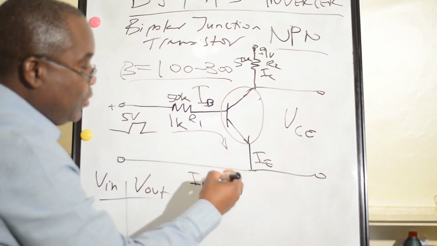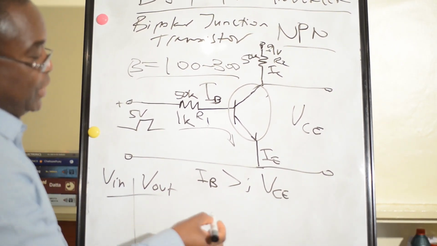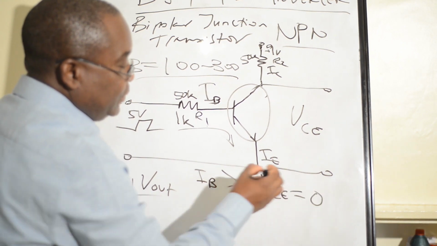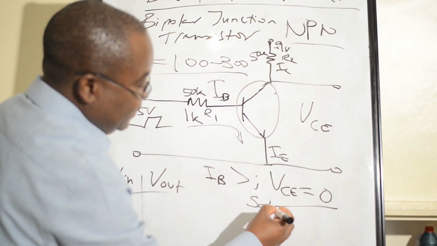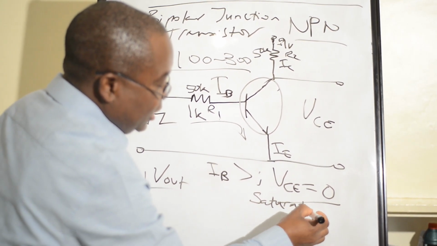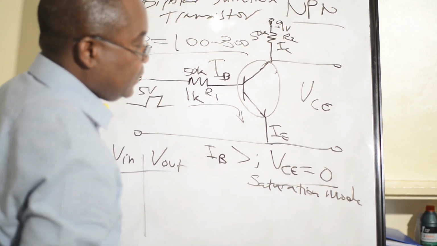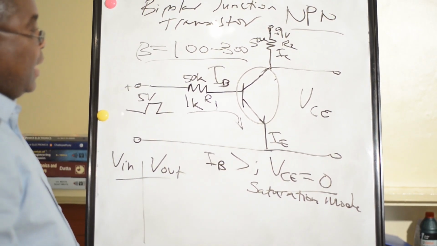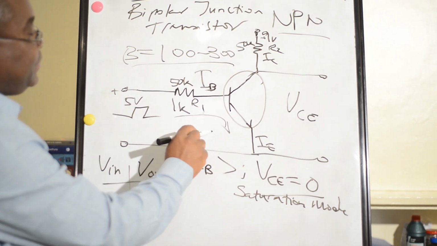In saturation mode, VCE will saturate and be equal to 0. We get saturation mode if we apply high current.